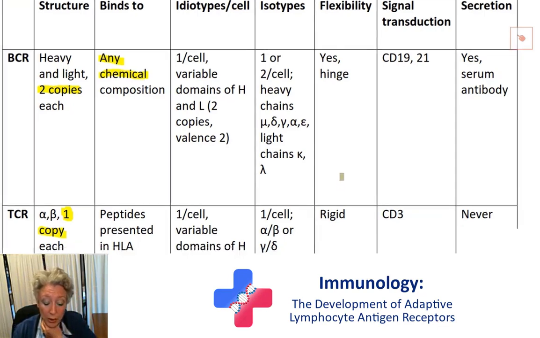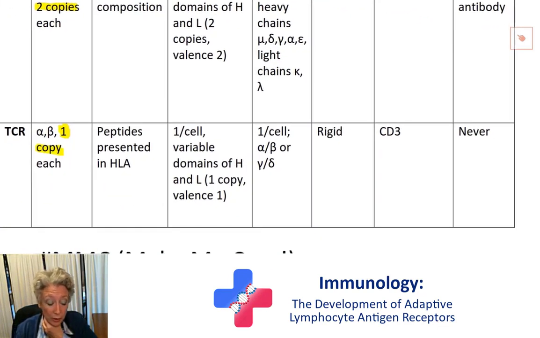But notice that it's an absolutely tremendously important fact for you to understand for the T cell, that T lymphocytes can only recognize peptides, small chunks of proteins that are being presented to them inside the groove of another molecule known as the major histocompatibility complex, or in humans, the HLA.